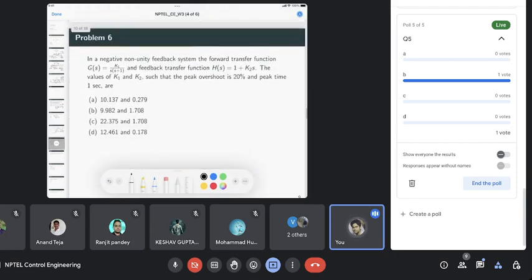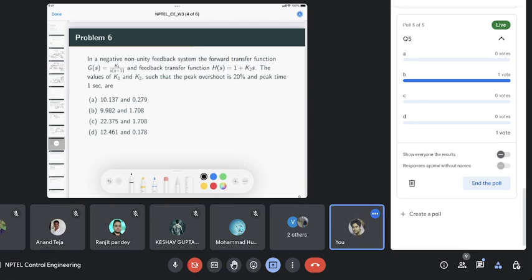Okay, so next problem. You have a negative non-unity feedback. Your H(s) in the feedback is not unity. You are given this transfer function, the forward transfer function G(s), and the feedback transfer function H(s) values are given. Then you have to determine K1 and K2 such that you have a peak overshoot of 20% and peak time of 1 second.